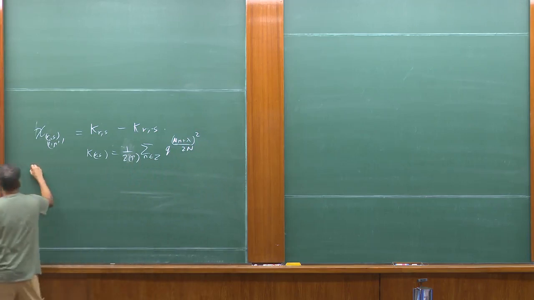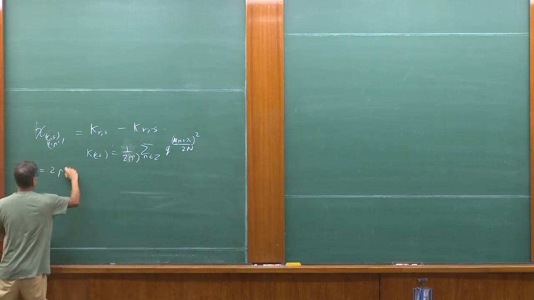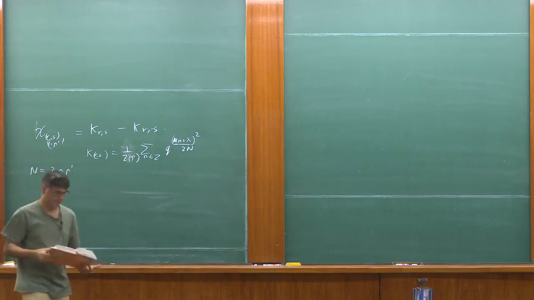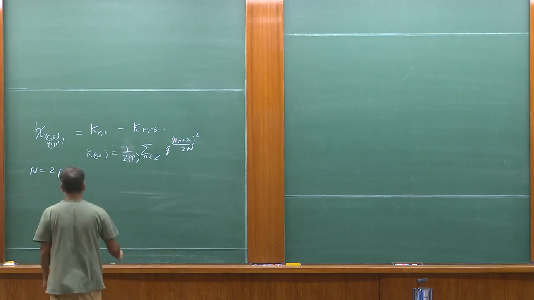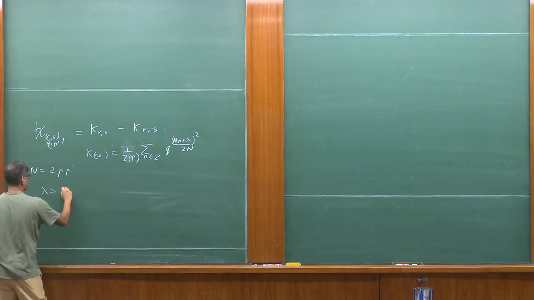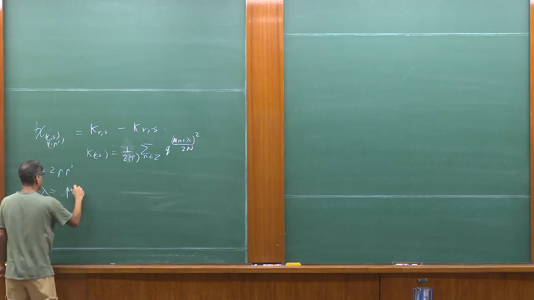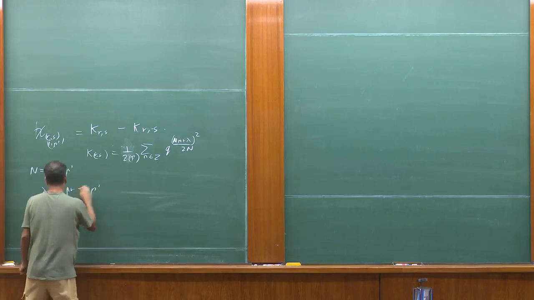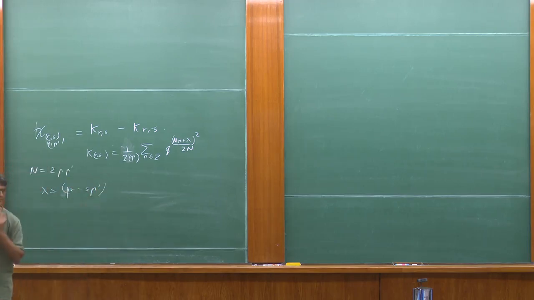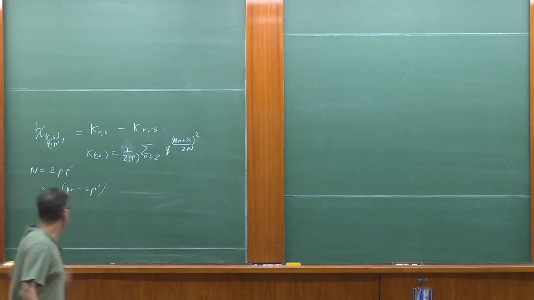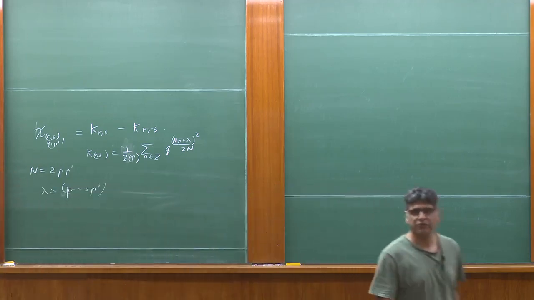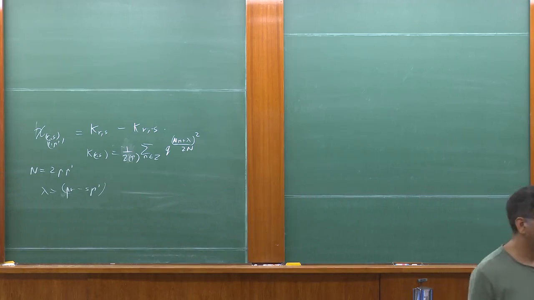And you remember N was equal to 2 p p prime, and lambda was equal to p r minus s p prime. So this was this very explicit formula for the characters of any representation in a minimal model.